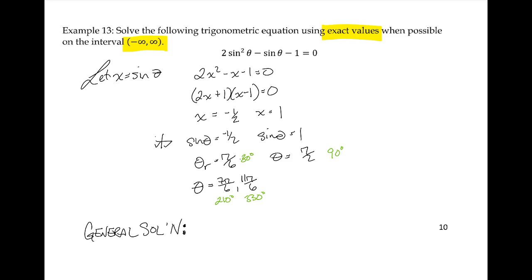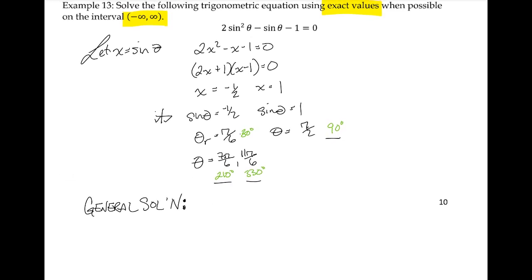So what we're going to see here is that all of these things can happen, and based on my period here, we're talking about sine theta, so it's just a regular old period. Every revolution that I land on these angles, every coterminal angle with these 1, 2, 3 possible answers, could give me another solution to this equation.